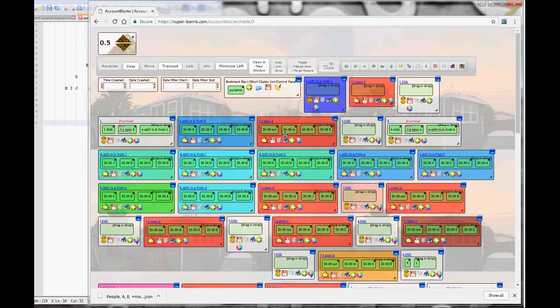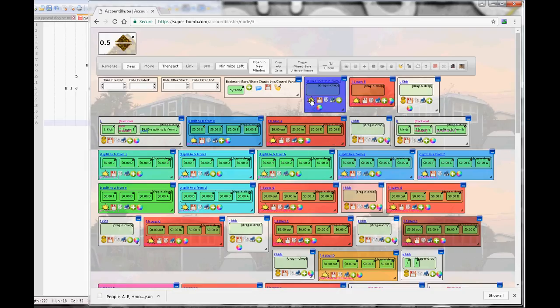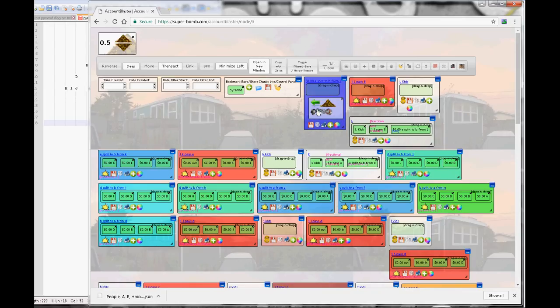And then what else? You could change this if you want to the pyramid one.